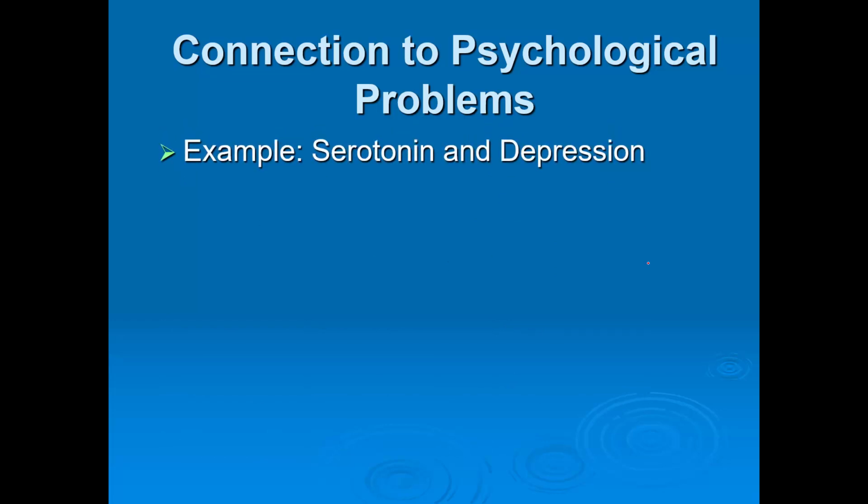For example, we have a neurotransmitter called serotonin, and of course depression. Depression, as most people know, is feeling sad, possibly suicidal, a very depressed state of mind. And we've discovered that serotonin is related to feelings of depression. In other words, the levels of serotonin seem to be important to our mood.